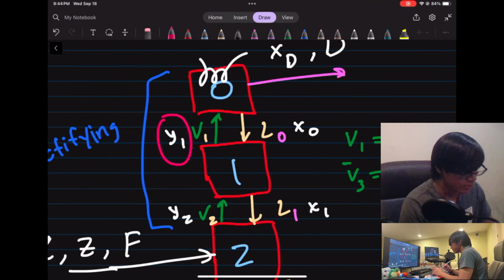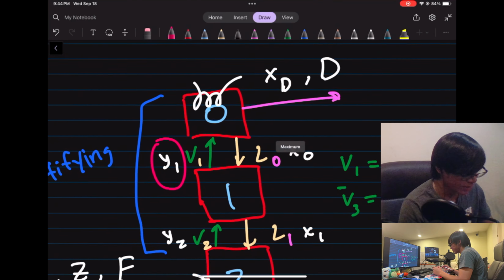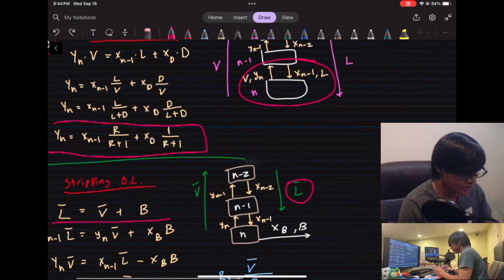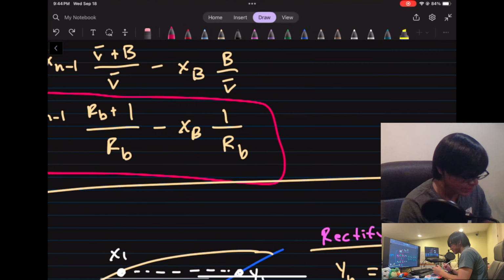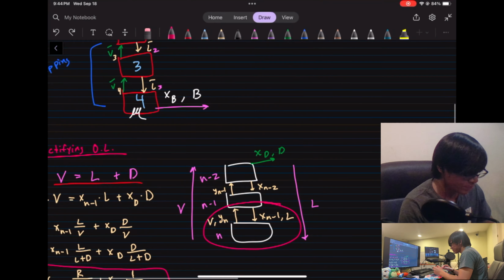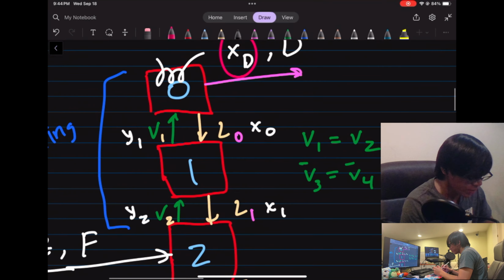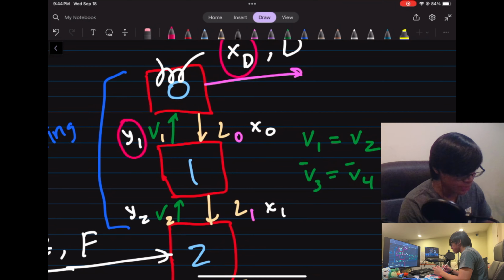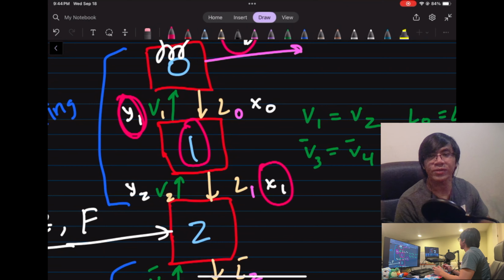We actually found this y1 was equal to our xd. And now that we have our y1, well, that corresponds to stage 1, and stage 1 has an equilibrium of y1 and x1.